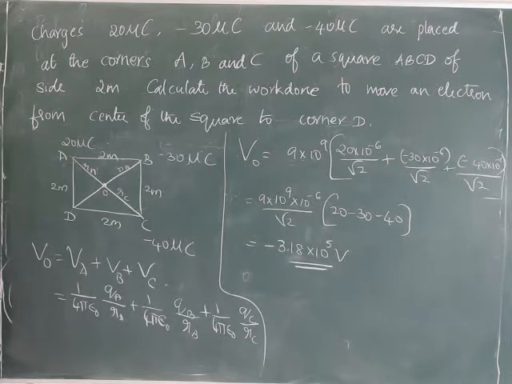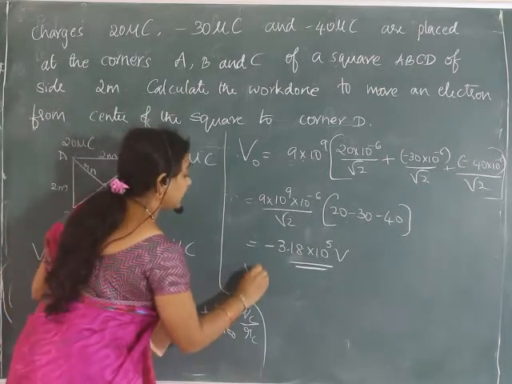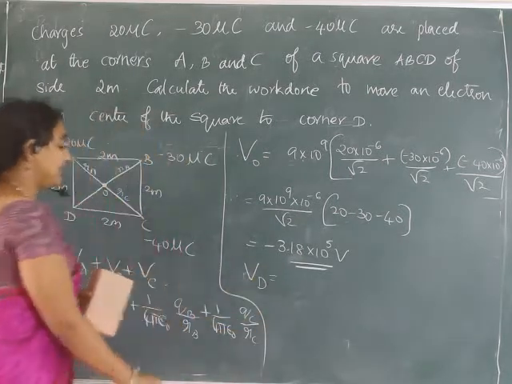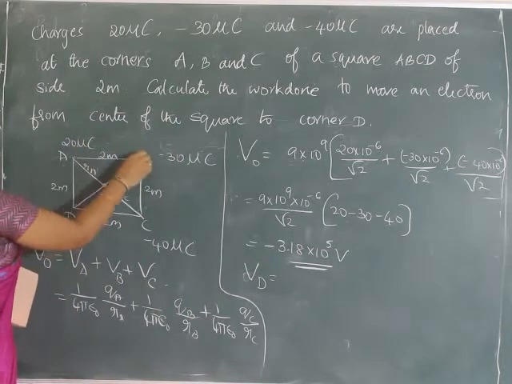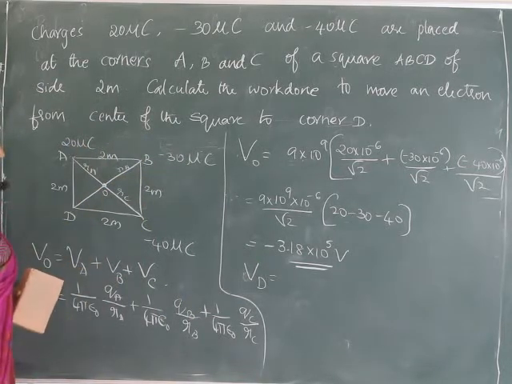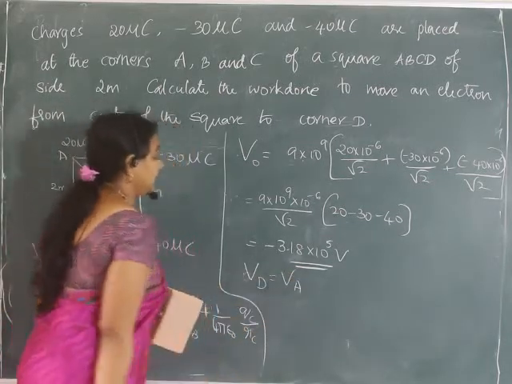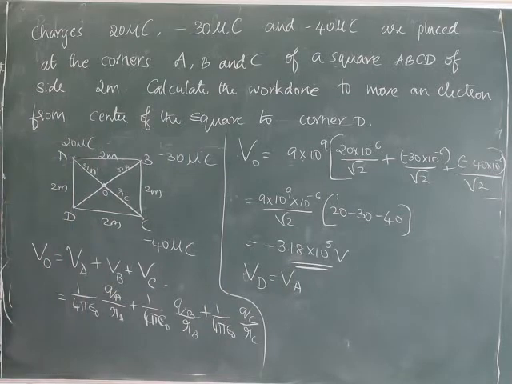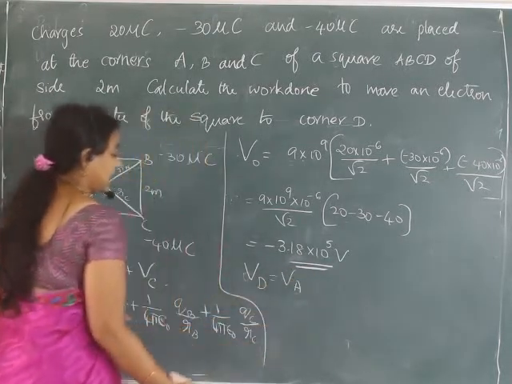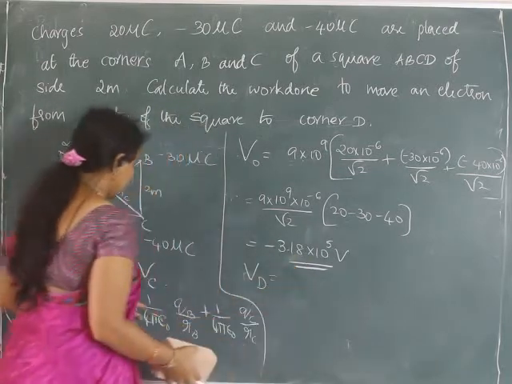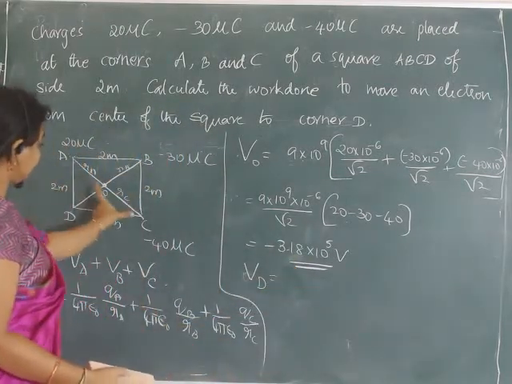So, for that, what is the potential at D due to all three charges? That you have to calculate. Potential at D due to these three charges is potential at D due to A, potential at D due to B plus potential at D due to C. I'll not write directly as VA, VB, VC, because if we substitute that, you will not substitute this.